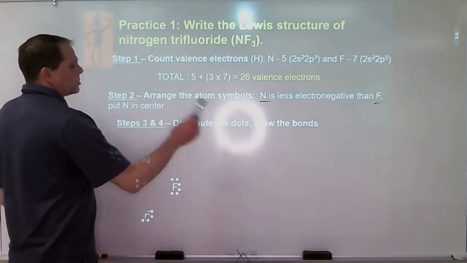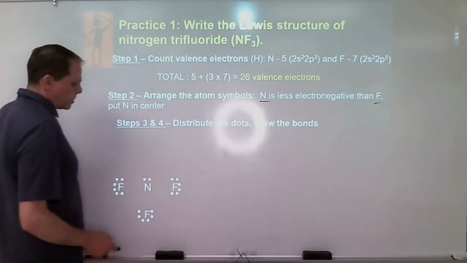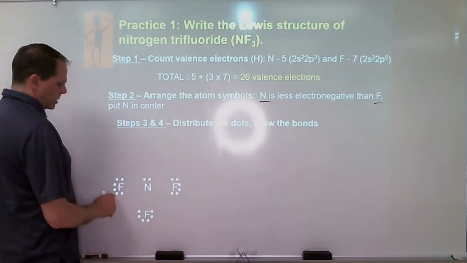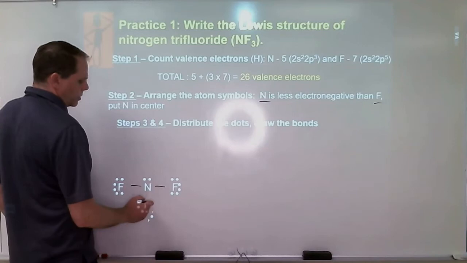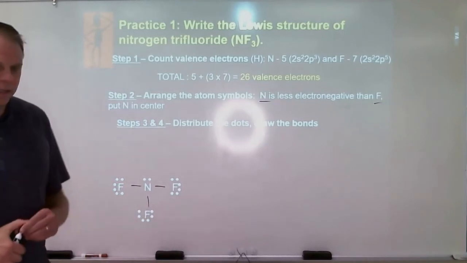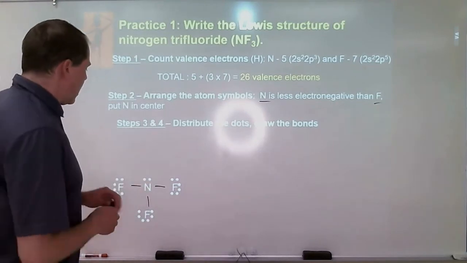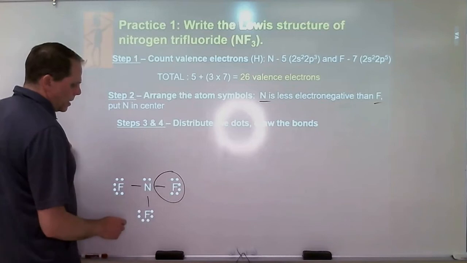Step 3 and 4, distribute the dots and draw the bonds. So I have to get 26 electrons, so we start counting them. 2, 4, 6, 8, 10, 12, 14, 16, 18, 20, okay? 22, 24, 26. Oh, look at that. If I've distributed them all, fluorine has got 8, right? Fluorine has 8, 2, 4, 6, 8.